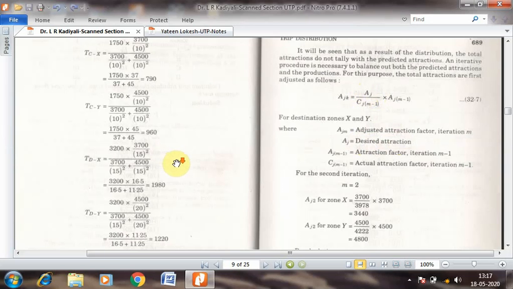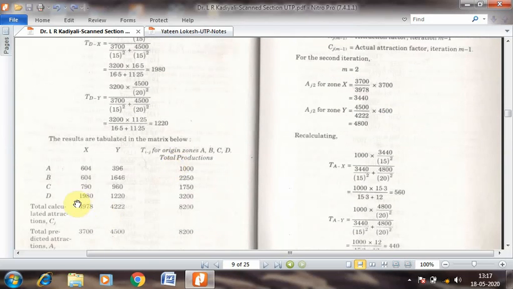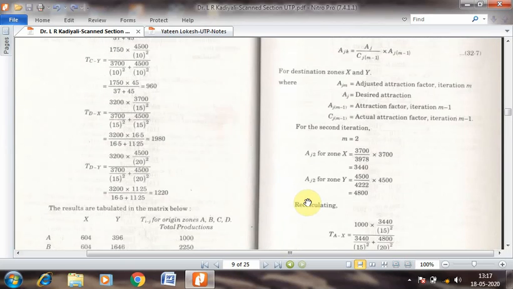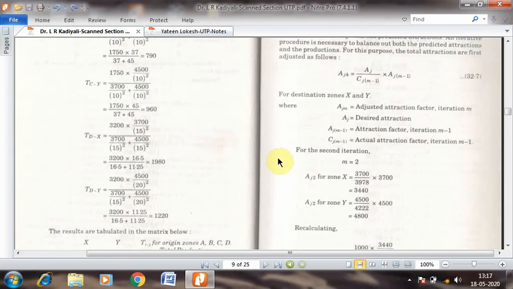That is what you have calculated here. This is Cj. And then Aj m minus 1 is the actual attraction factor that is given in the problem. And m here is the iteration number. So if this is the second iteration, then m becomes equal to 2.